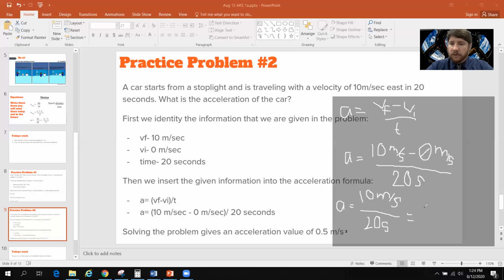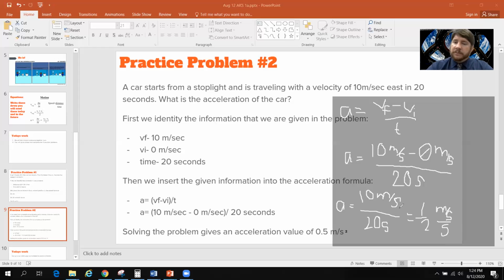So this is going to equal, and I'm just going to write it in fraction form, 1/2 meters per second per second. Now we're going to take a moment here and talk about this unit.